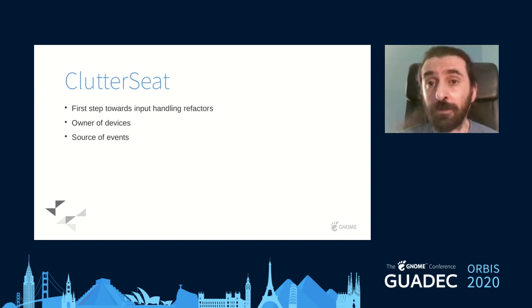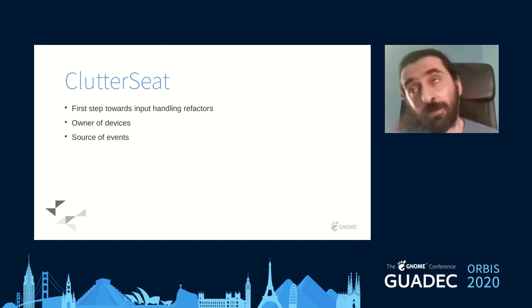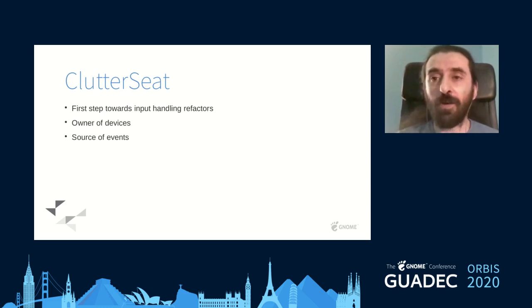In previous versions, we moved a lot of backend code from Clutter, so it lives together with the rest of the backend code in Mutter, which means that it is, for the most part, backend independent, and the backends deal with all of it, which is good to have all the backend code together. So ClutterSeed is the first refactor that you were allowed to do with this.